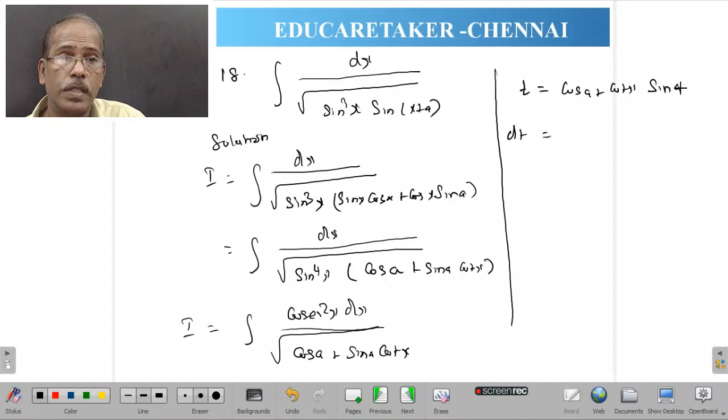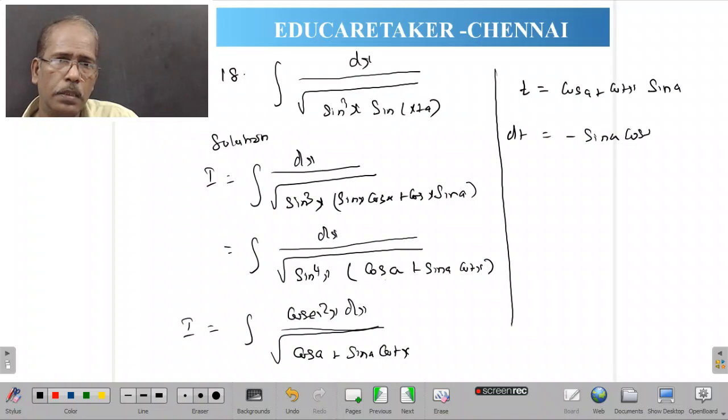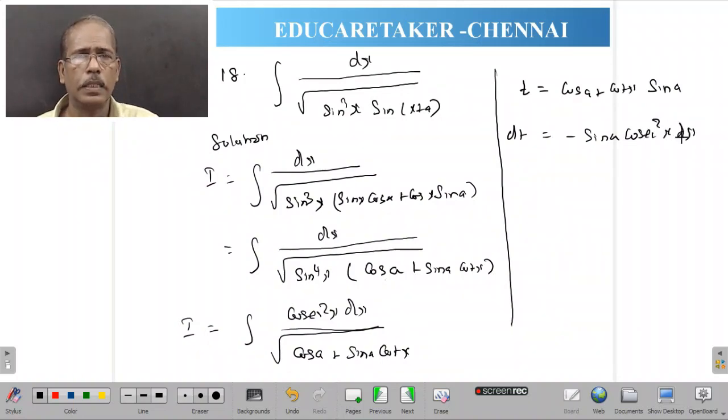Sin a is the coefficient, and the derivative of cot x is minus cosecant square x dx, so dt is minus sin a cosecant square x dx. In the numerator, cosecant square x dx is minus 1 by sin a dt.